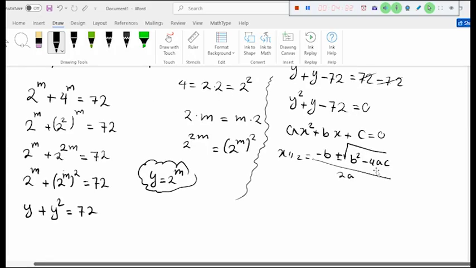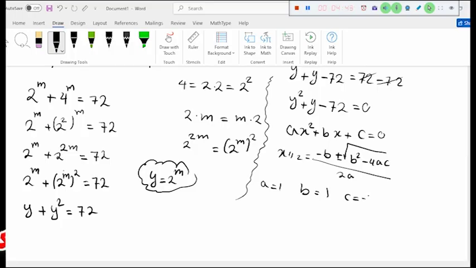Now we substitute: a is equal to 1, b is equal to 1, c is equal to minus 72.